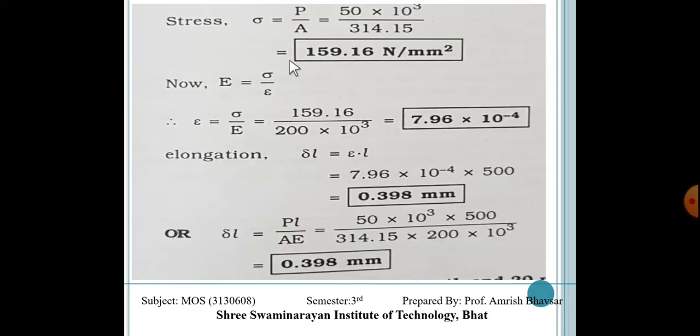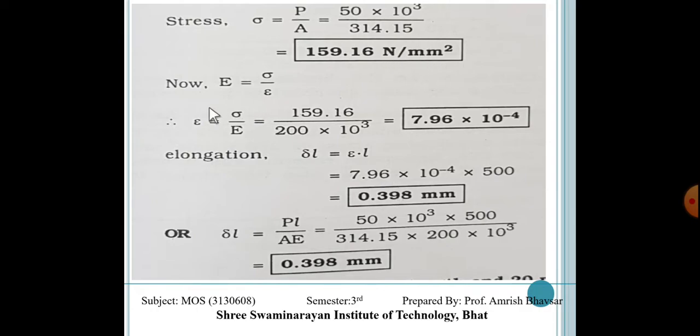So stress sigma is equal to P upon A, that is 50 into 10 raised to 3 divided by the area we found, 314.15. So we will get the stress, and the unit of this stress is Newton per mm square.